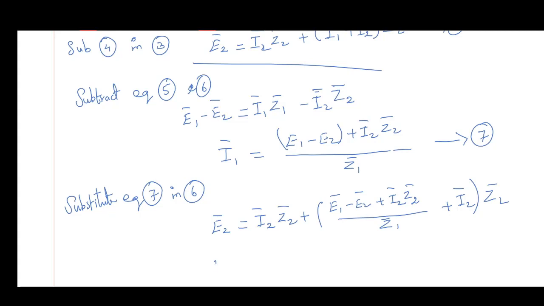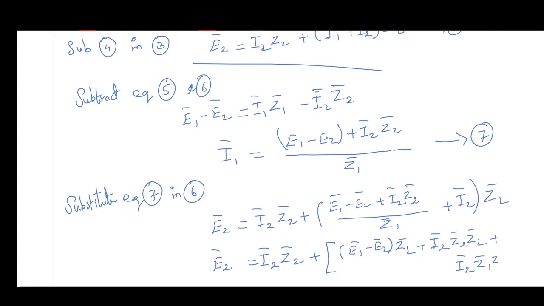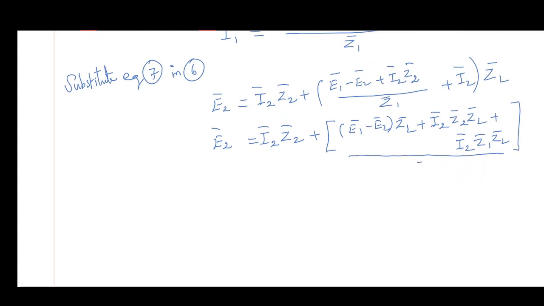So I am getting the equation E2 vector is equal to I2 vector and Z2 vector plus E1 vector minus E2 vector into ZL vector plus I2 vector Z2 vector and ZL vector plus I2 vector Z1 vector and ZL vector, whole divided by Z1 vector.